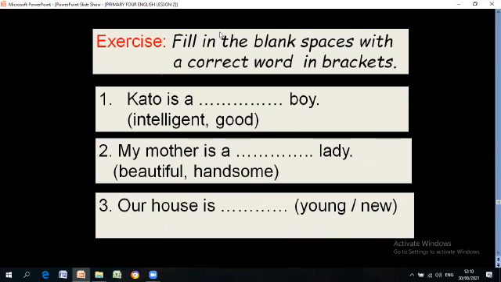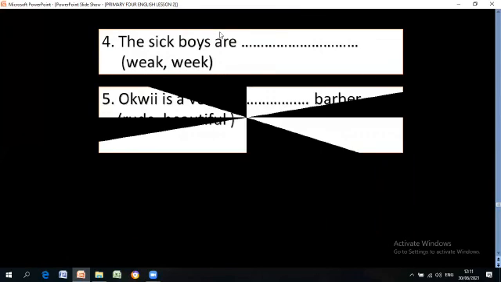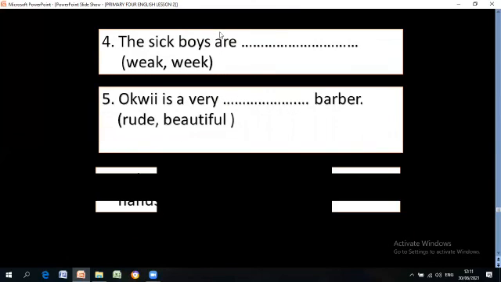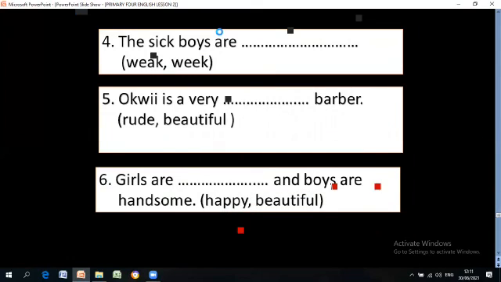So as you can see on your screen, pick the correct word from the given list and complete that sentence correctly. On the next slide, we have other sentences that you are also going to complete using the correct form of the word given in brackets.